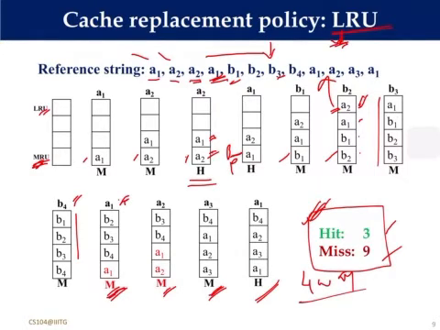If you have already learned doubly linked list or linked list in your data structure course, you can do it with a linked list. Otherwise you can also try to do it using an array. Give it a try to implement the LRU replacement policy. All right.